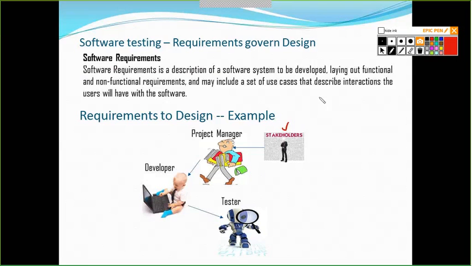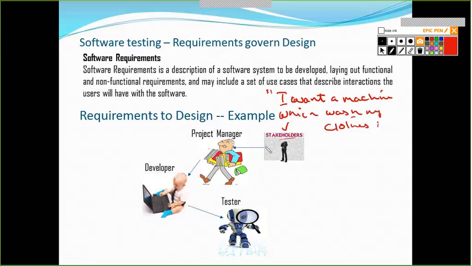The stakeholder will say, for example, I want a machine which can wash my clothes. So that's the requirement. That's how the requirement comes from the stakeholder.